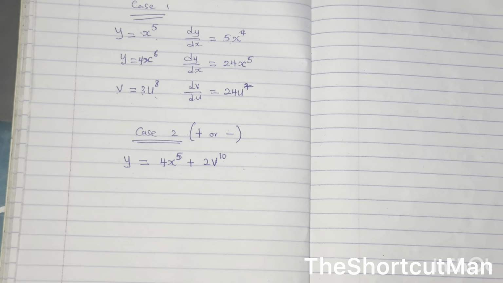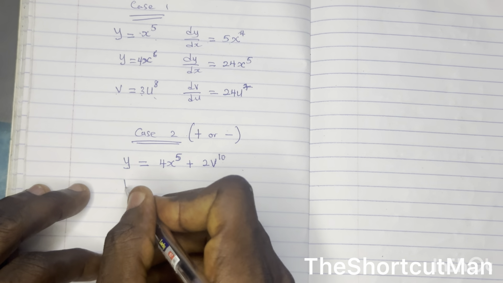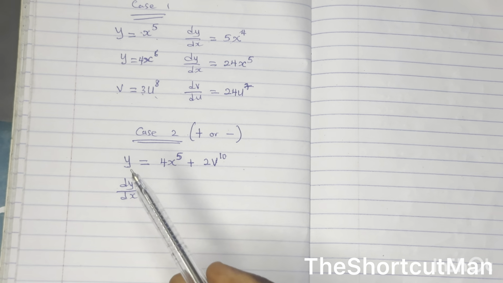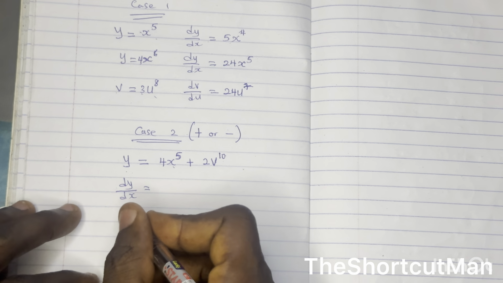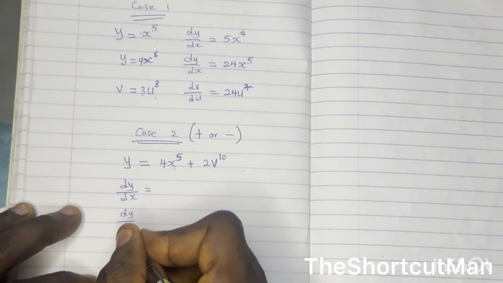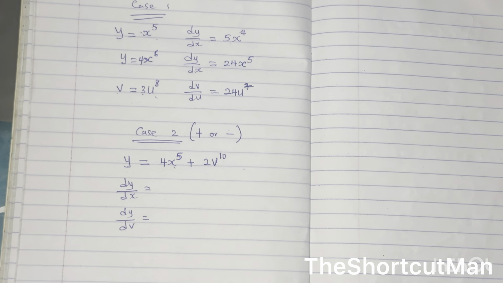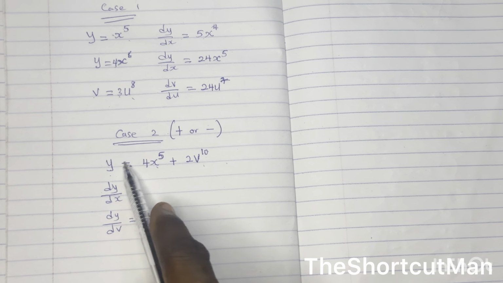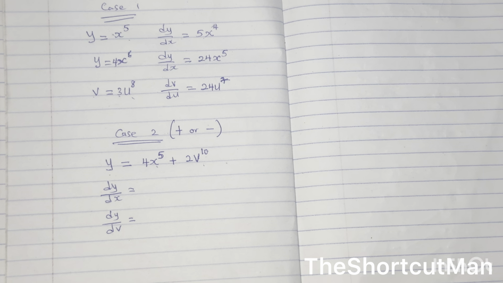Let's put it like this. In this case, they can ask you to find dy/dx, that is, differentiate y with respect to x. And they can also ask for dy/dv, which means differentiate y with respect to v. So they can give you any of these questions. They can say dy/dx, they can say dy/dv. Either way, you are good to go.